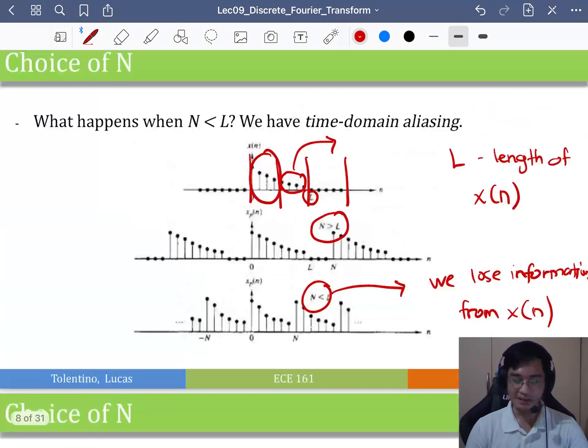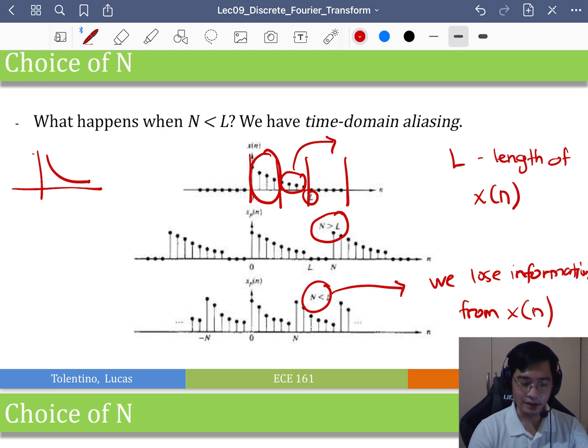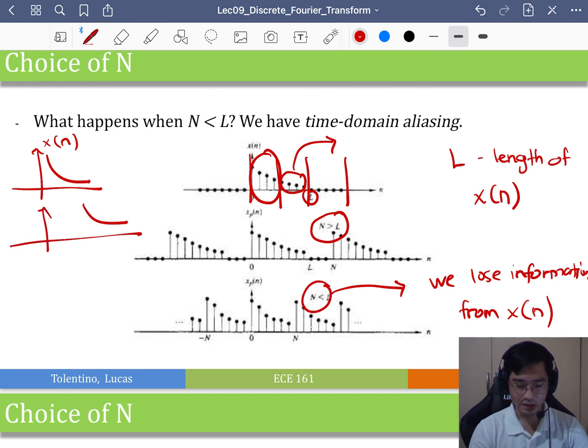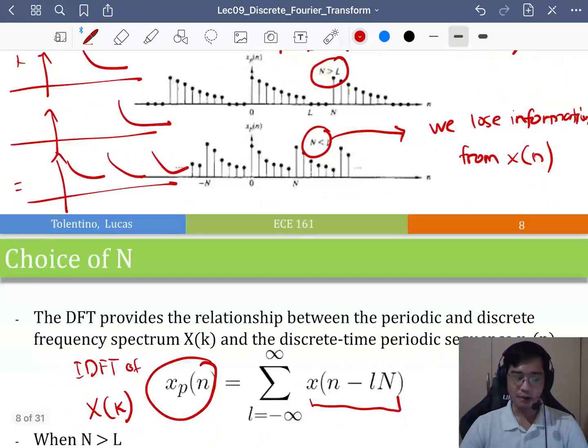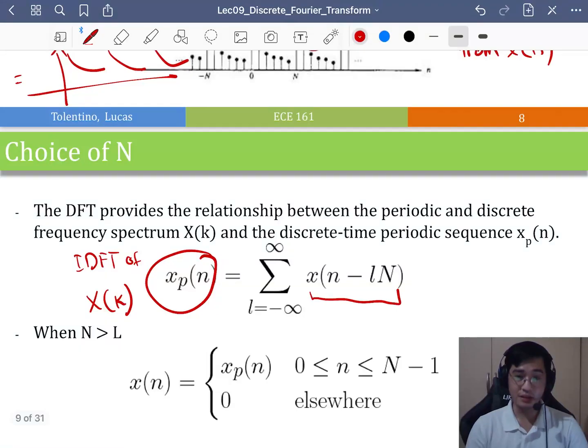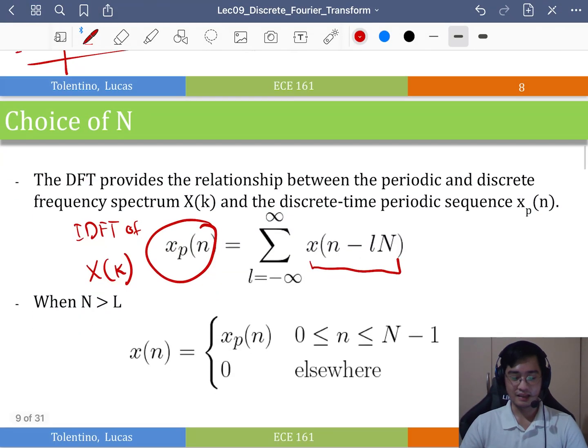So, for example, if this is our original x of n, we shift this x of n by the period, and then we arrive at x sub p. So x sub p is the inverse discrete Fourier transform of X of k.